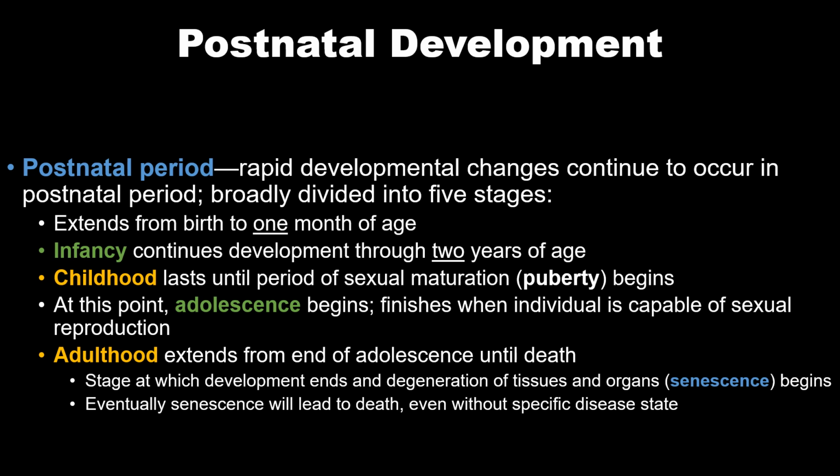Adulthood extends from the end of adolescence until death, and is the stage at which development ends and degeneration of tissues and organs, or senescence, begins. And of course, eventually senescence will lead to death, even without a specific disease state.